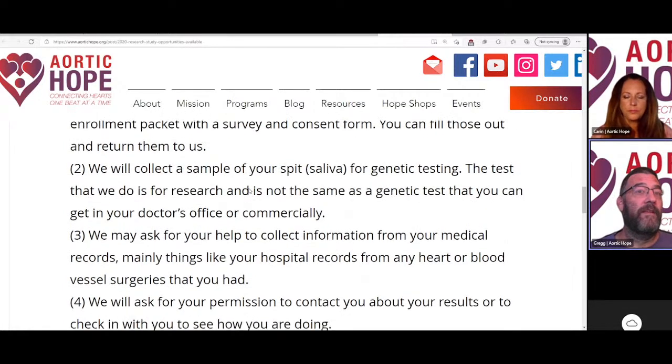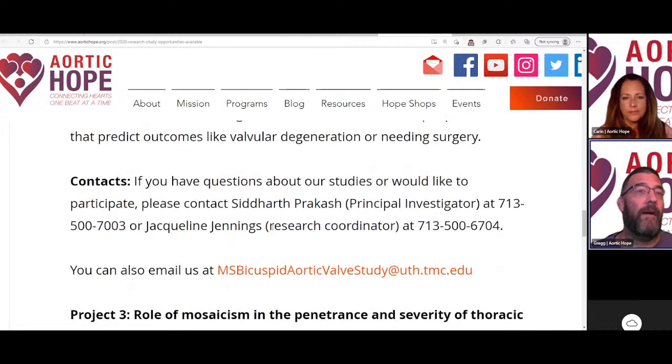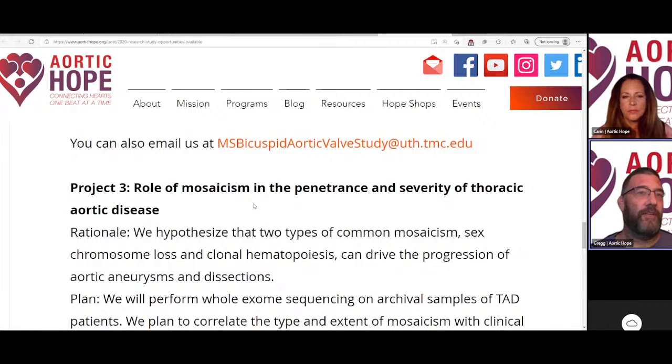So that is pretty much that. And the goal will be to describe the genetic and clinical features of people with BAV so they can help predict outcomes like valvular degeneration or when they might need surgery quicker. And again, that goes through Dr. Prakash. And we'll have links to all these and to our website, obviously, so you can look at it.